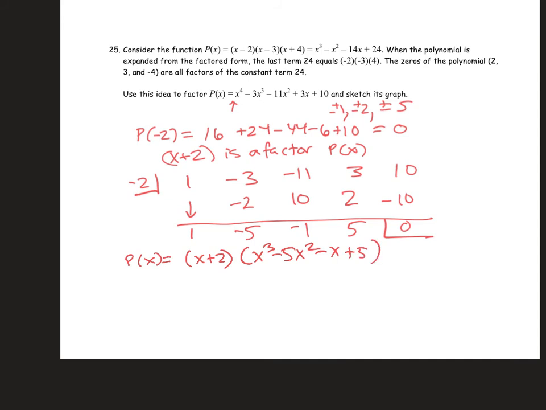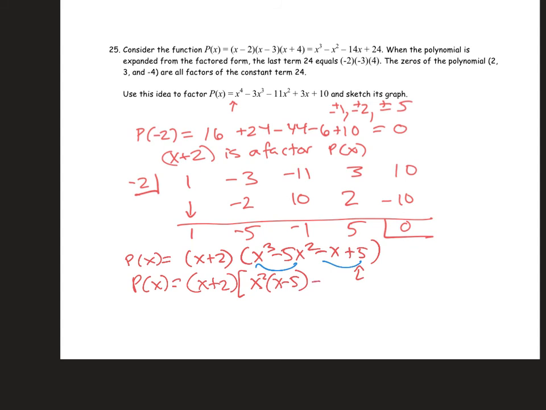Now, because I'm not down to a quadratic, many times I'm going to have to do this whole process over again, this time figuring out if any factors of 5 are a zero of this further broken down polynomial. But I'm noticing that I can factor this by grouping. So if I put these two together, I should be able to factor by grouping here. I got p of x equals x plus 2, and then if I take out an x squared, I'm going to get x minus 5.